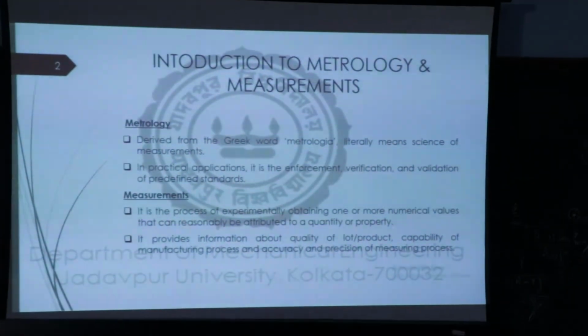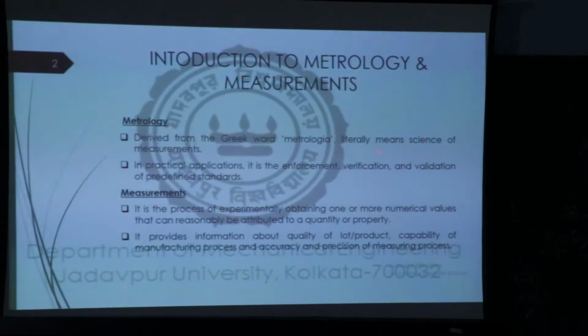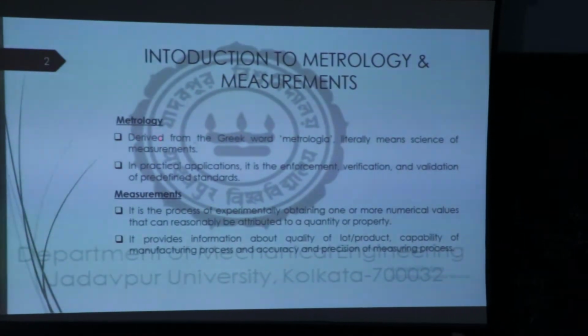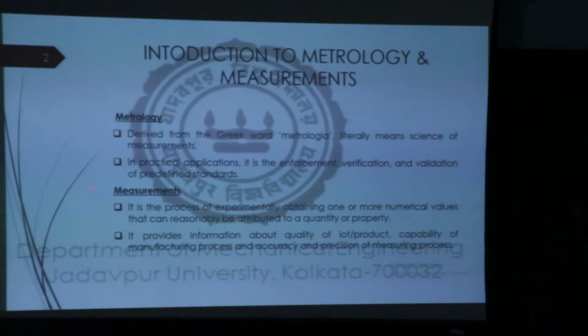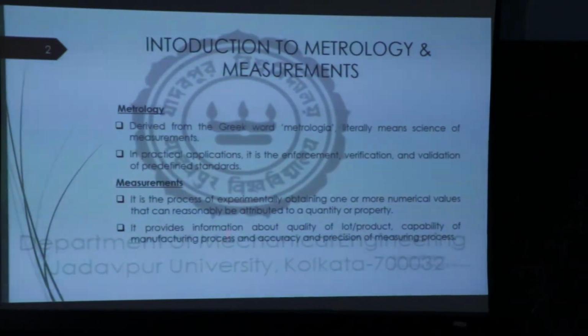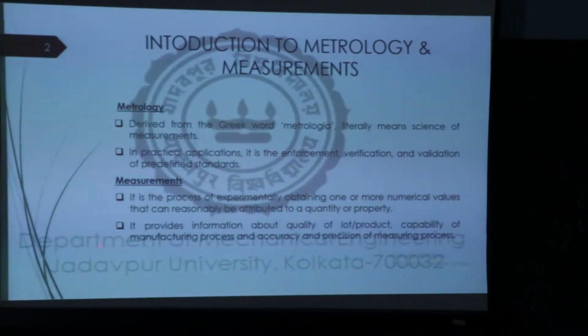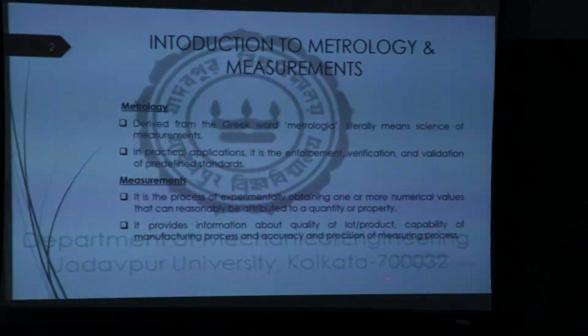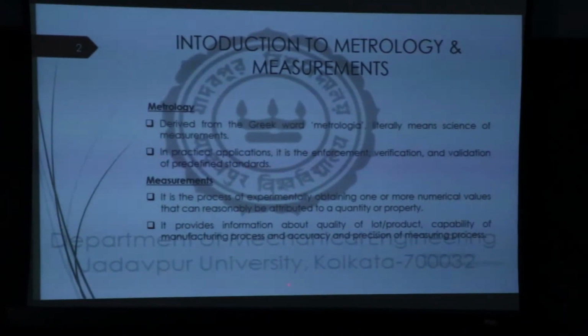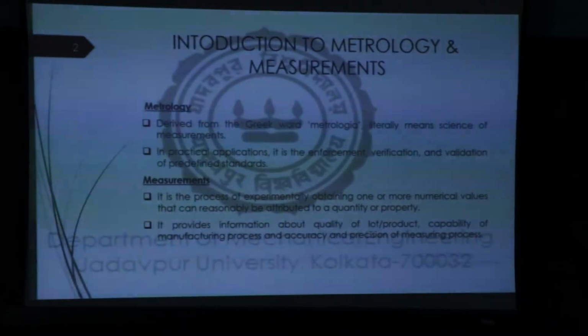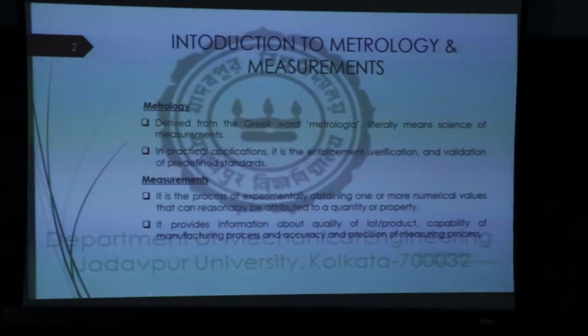In practical application, it is the enforcement, verification and validation of predefined standards. And measurement is the process of experimentally obtaining one or more numerical values that can reasonably be attributed to a quantity or property. It provides information. See what metrology gives, it is very important, the last line.